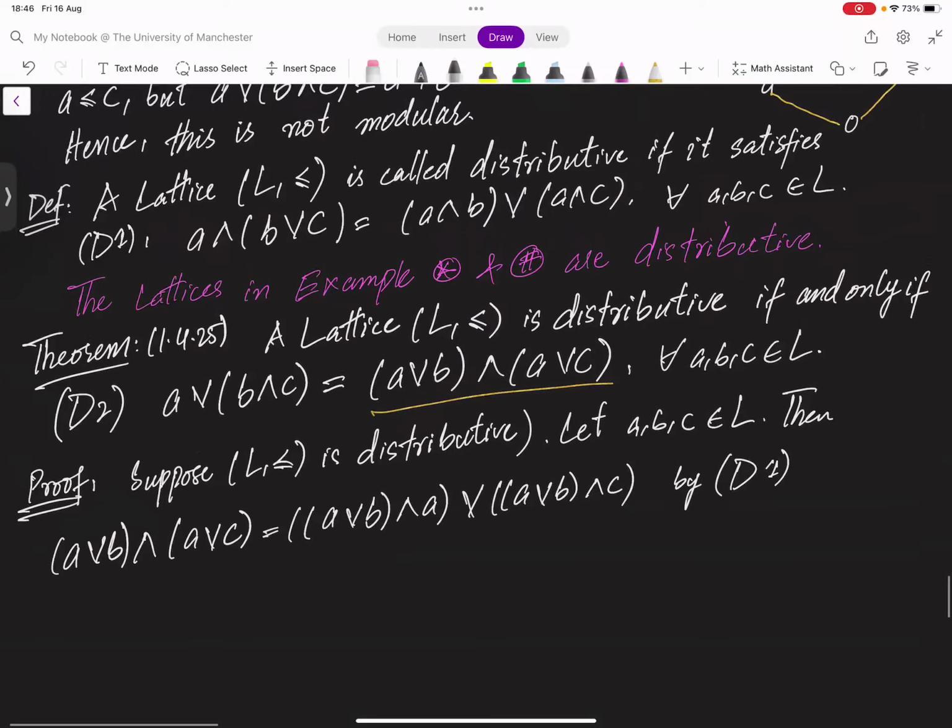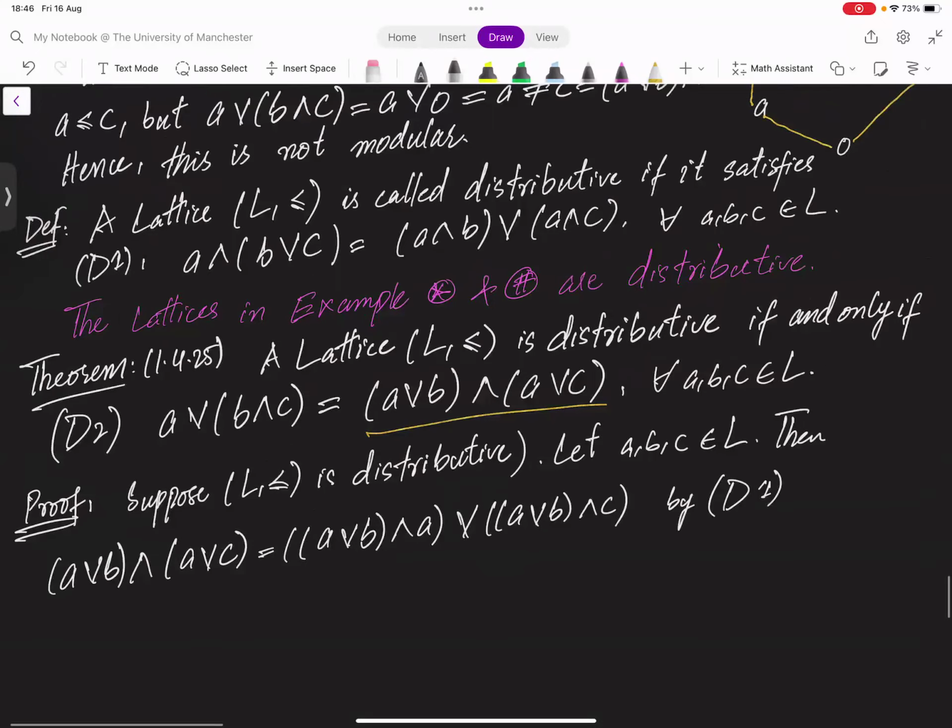Because D1 says that if you apply this from this side, you will get this part, A or B only. And if you do this with the other side, you will get A or C only, because when you do A and A, it will be A, since A and A is idempotent, so it will be equal to A.